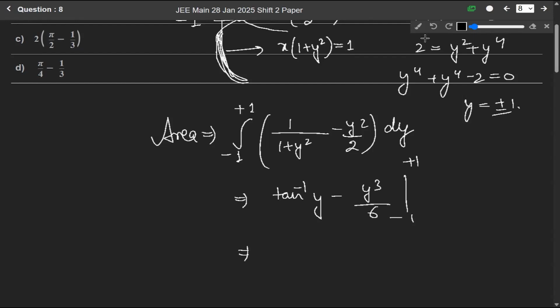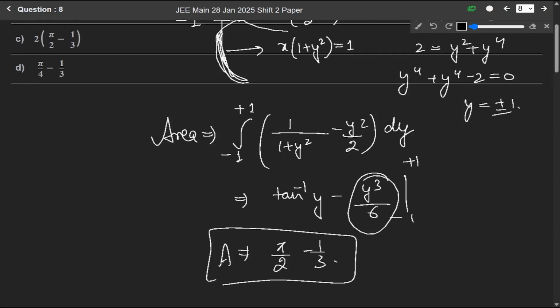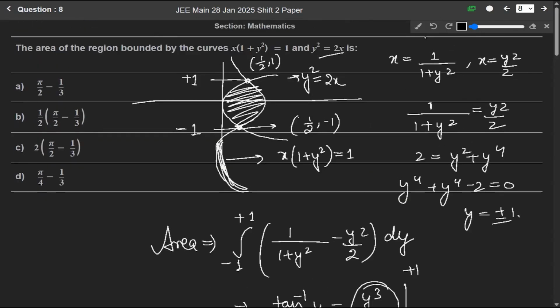So solving it, tan inverse 1 minus tan inverse minus 1 gives pi by 2, and this will be minus 1 by 3. So our answer is, area is pi by 2 minus 1 by 3, which means option A is the correct answer.